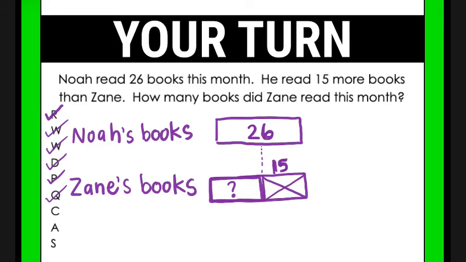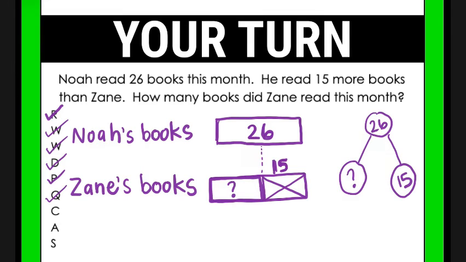So now I have my computation. And again, if I think of this like a number bond, we can decide if we're missing a part or a whole, and then that will tell us if we need to add or subtract. So here, my 26, that's my whole big piece. And then I have one part of it is the 15, and then the other part is the question mark.